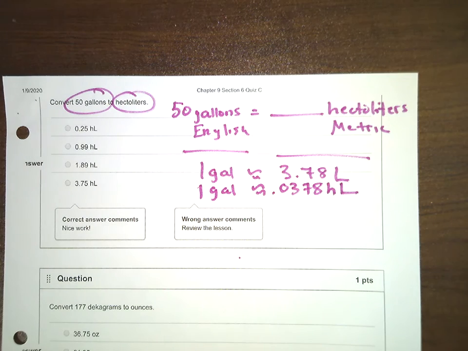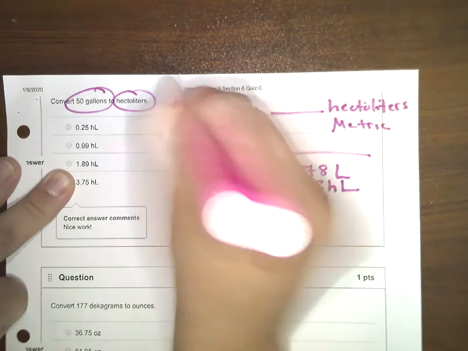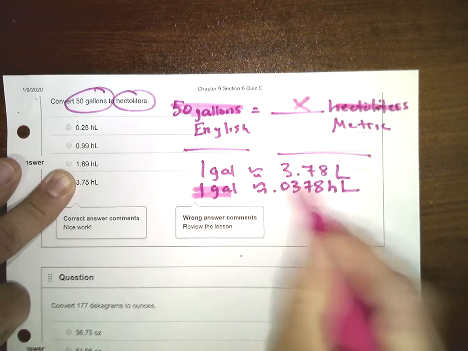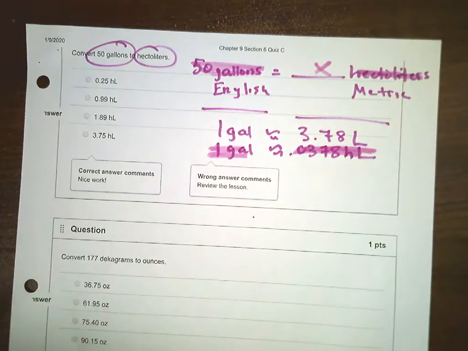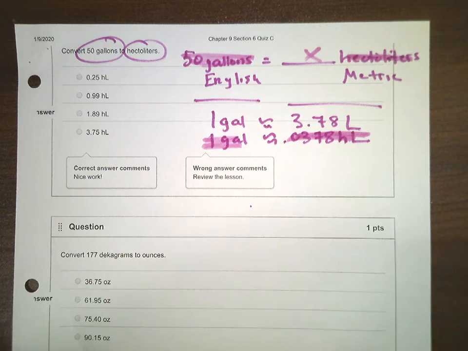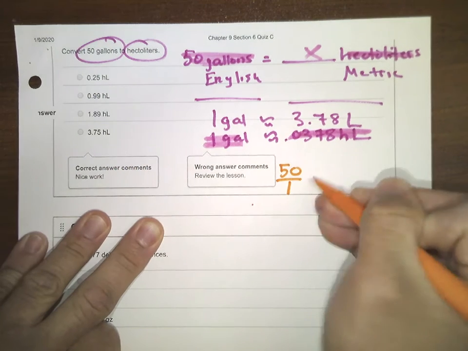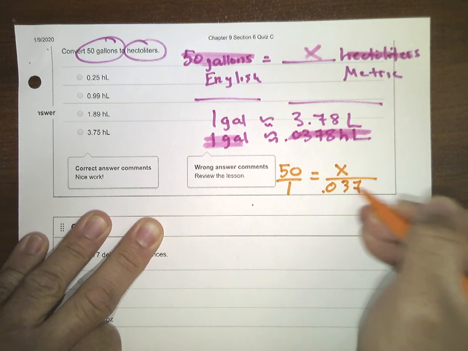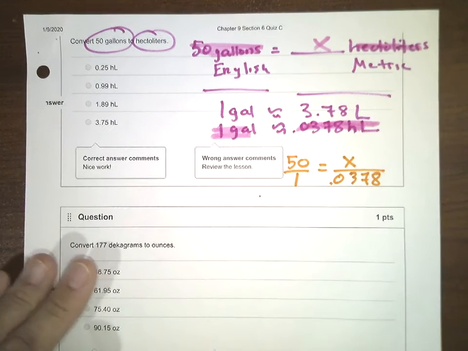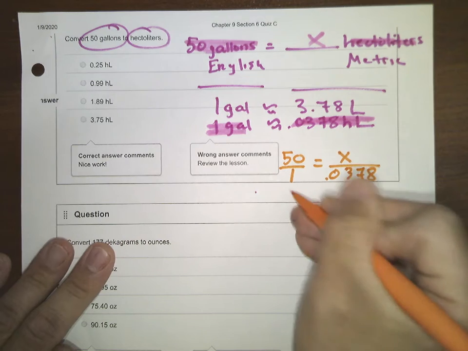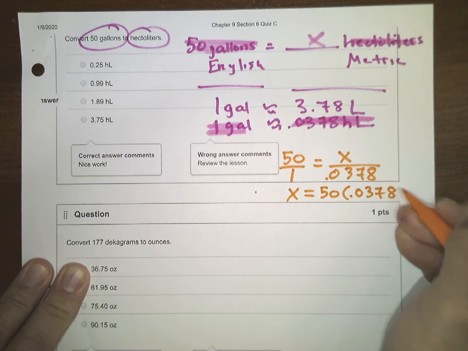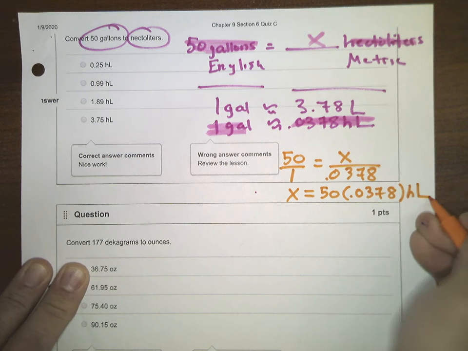And now we set up the proportion just like before. So we have gallons and gallons, and then X hectoliters and hectoliters. So now this will end up being 50 over 1 is X over 0.0378. Then we cross multiply, so X is 50 times 0.0378, and that will be in hectoliters.